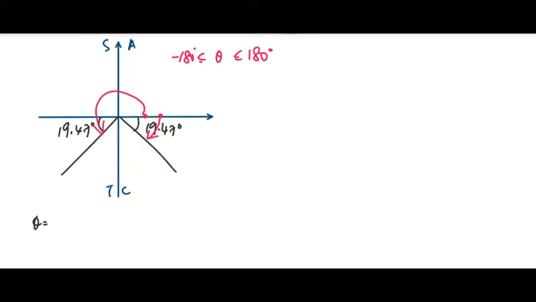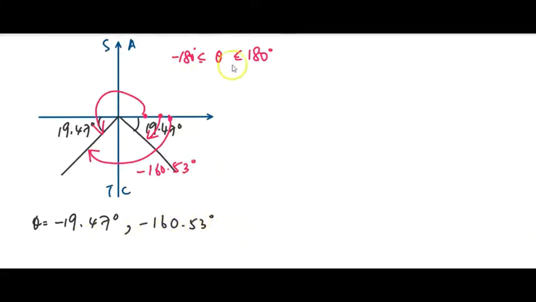My first answer is negative 19.47. Then the second angle will be this one. Taking 180 minus 19.47, you have 160.53. Since we measure following the clockwise direction, the angle should be negative, so we have negative 160.53. These two answers fall inside our range of theta, so we accept these two answers.